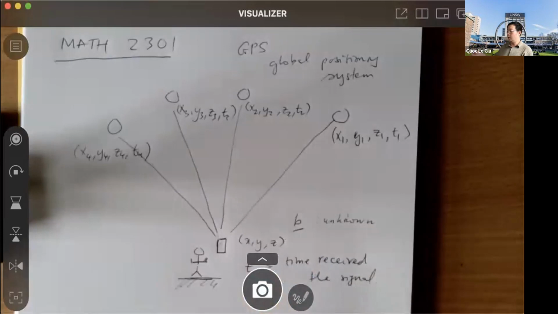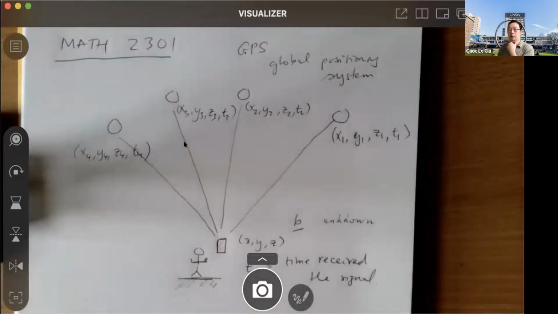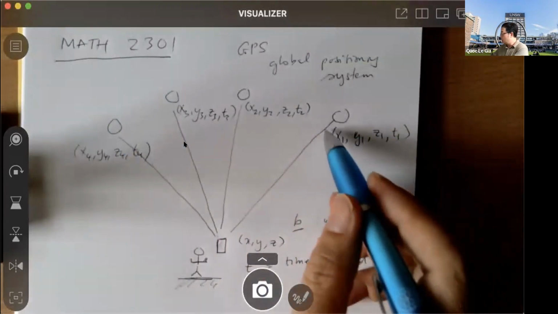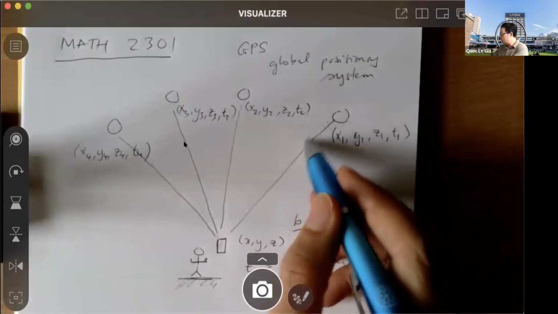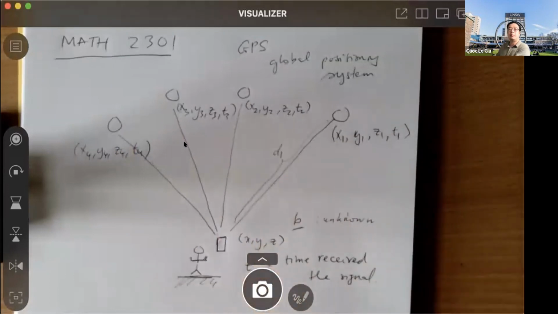Well, the fact is that the signals can travel as fast as the speed of light. So what is the distance from, say, the first satellite to you? This distance, D1. D1 is the distance between the first satellite and you, right?